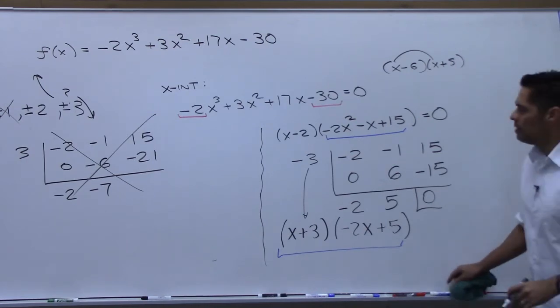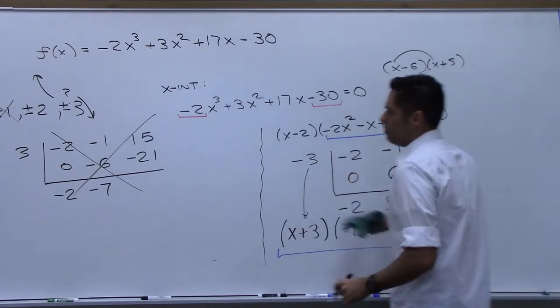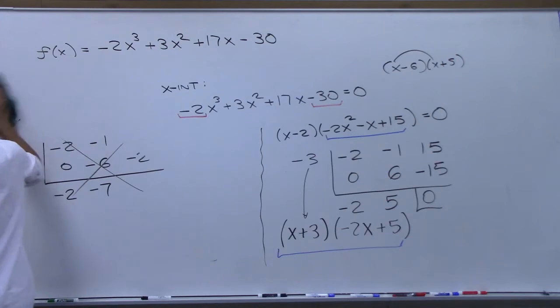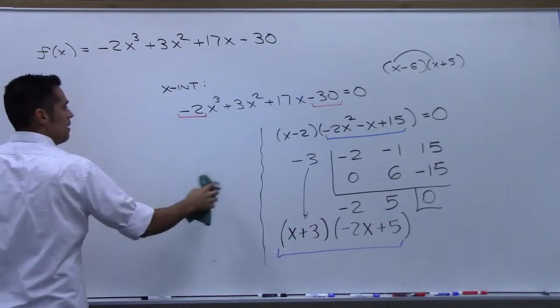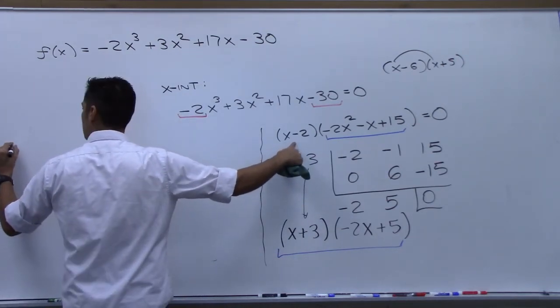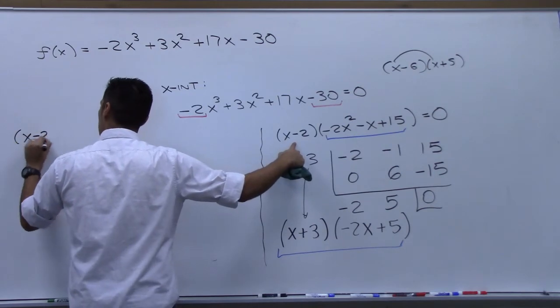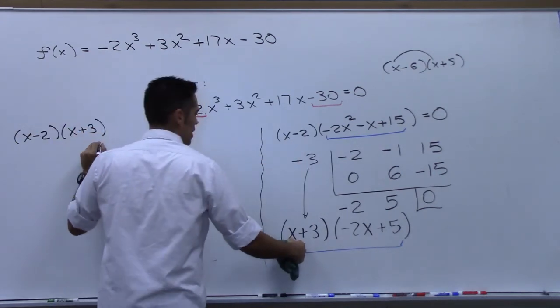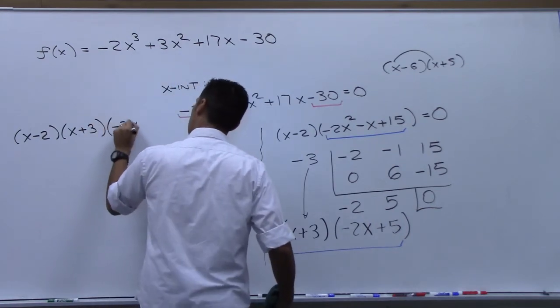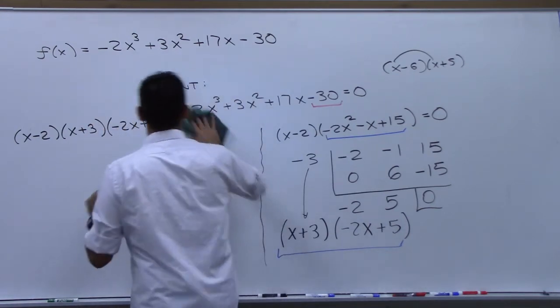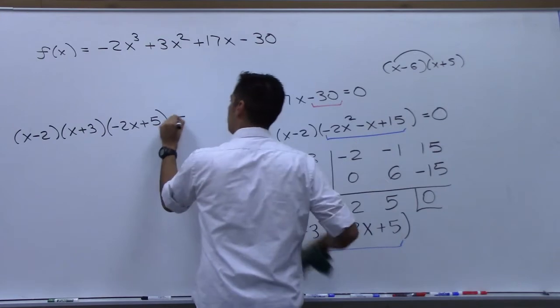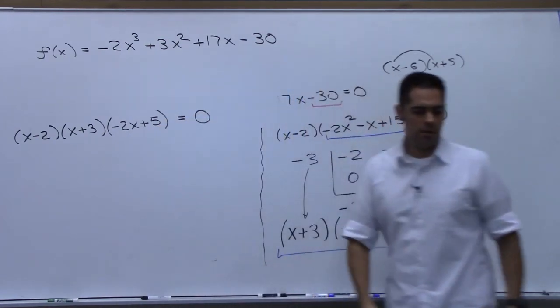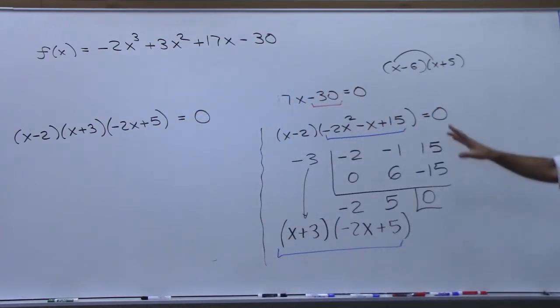And now I'm going to get my final version, so I can get my x-intercepts. So I have x minus 2, and then x plus 3, and then -2x plus 5 equals 0. That's the way it breaks down, yeah?